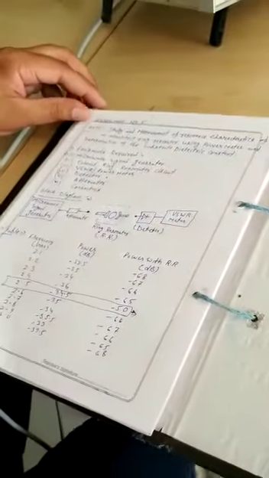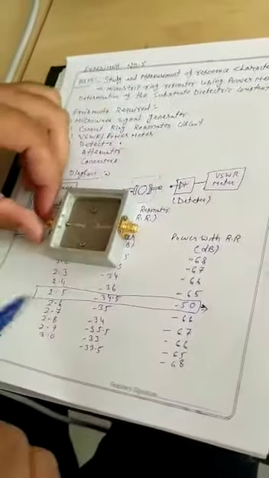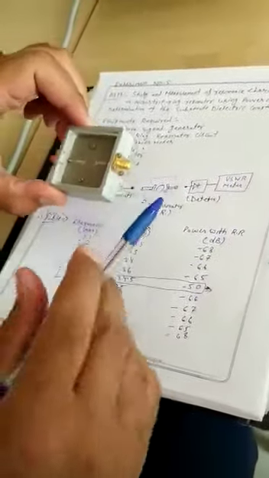So, the aim of today's experiment is the study and measurement of resonance characteristics of a microstrip ring resonator using a power meter, and determination of the substrate dielectric constant. So, this is our microstrip ring resonator.